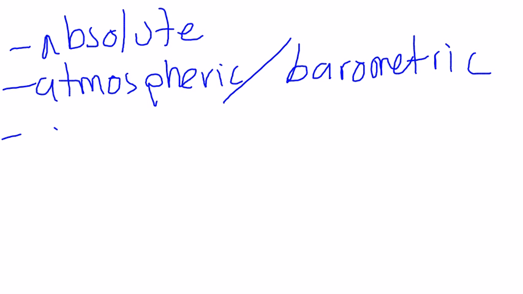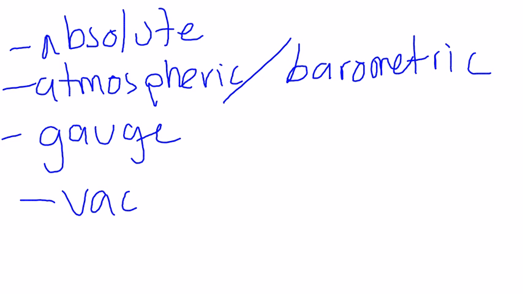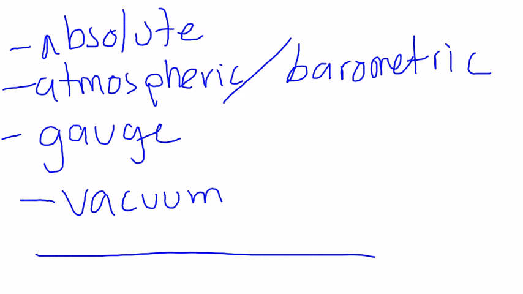And there's also the gauge pressure and the vacuum pressure. These are all pressure terms that we commonly find, and I would like to explain the difference between these four terms.